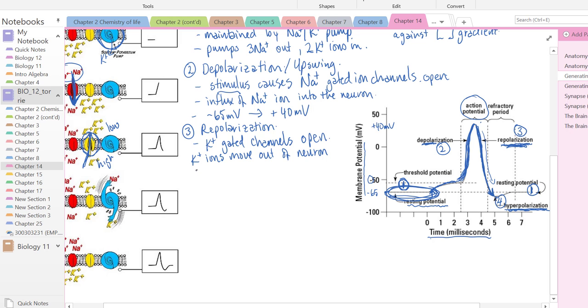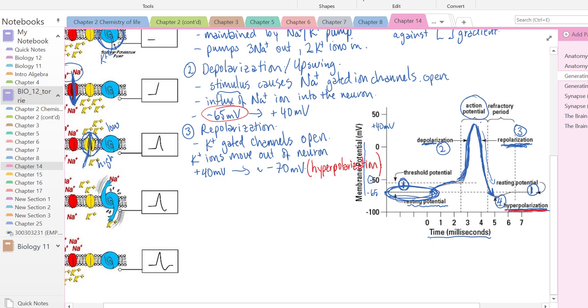The plus 40 millivolts goes to approximately minus 70 millivolts, shooting past the resting potential of minus 65 millivolts. At this point, where it's slightly past, we refer to this as hyperpolarization.